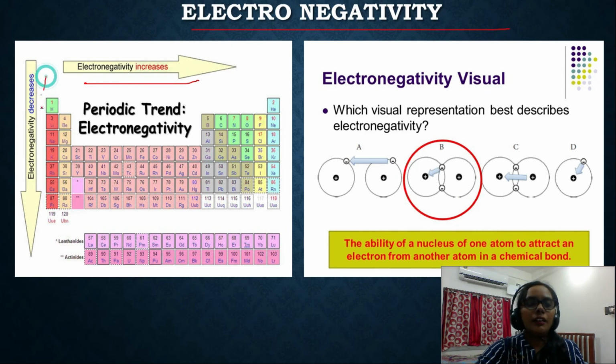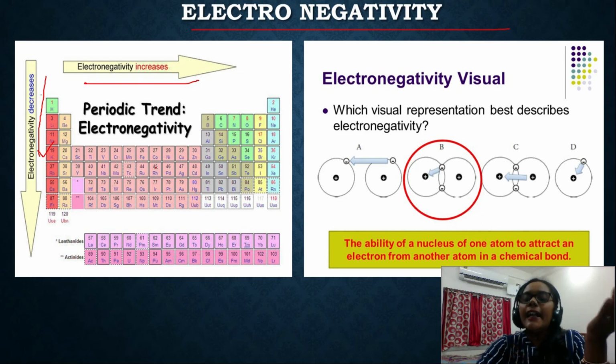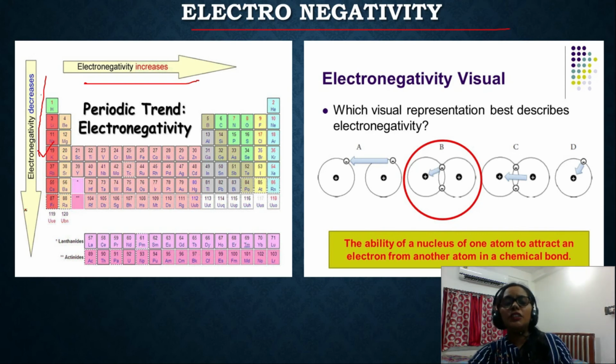Down the group, electronegativity decreases, again because of size. The size is larger from top to bottom. If you go down the group, the size increases, the attraction force decreases, and that is why electronegativity also decreases.